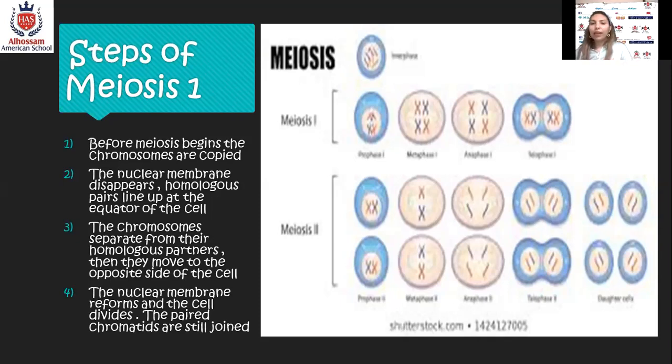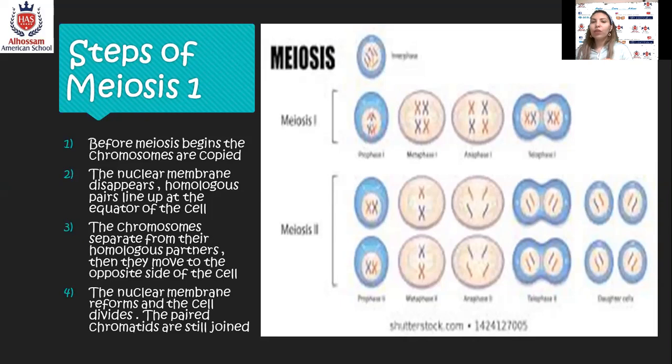So let's revise again. We have prophase, metaphase, anaphase, and telophase. Last one, cytokinesis. So again, guys, prophase, metaphase, anaphase, telophase, and cytokinesis. In meiosis 1, we start with interphase, and then prophase 1, metaphase 1, anaphase 1, telophase 1, and then cytokinesis.